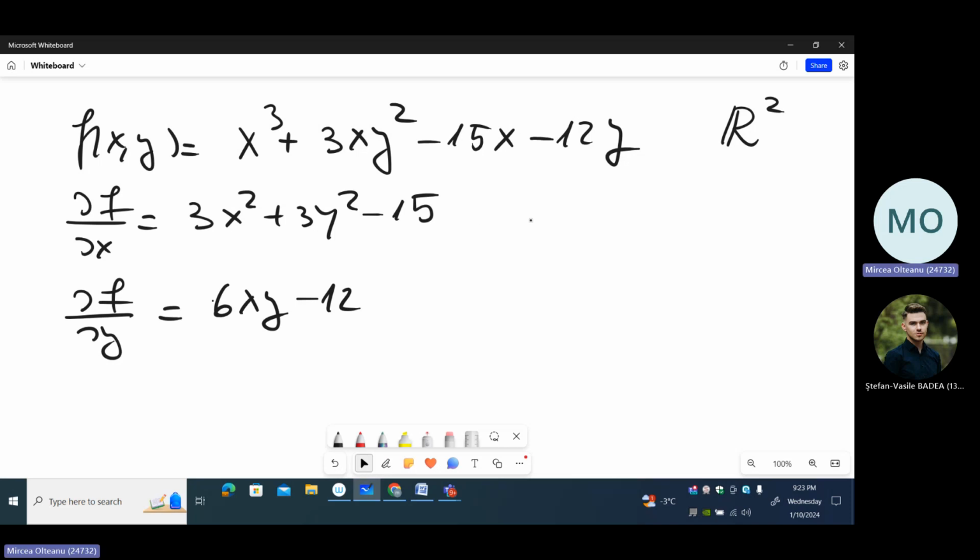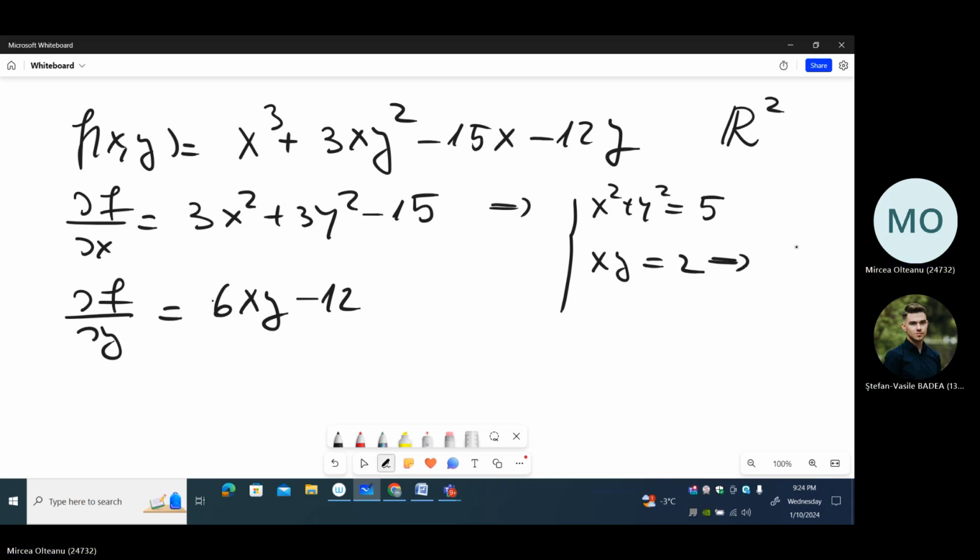And now the critical points. From here we get that x squared plus y squared equals 5. And from here xy equals 2. From the second equation we take that y equals 2 over x.